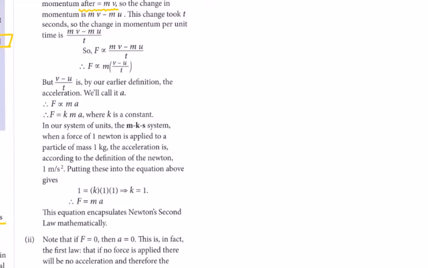So the change in momentum here is mv, what it ended up as, minus what it started at, mv minus mu. And this change took t seconds. So the change in momentum per unit time is this mv minus mu divided by t.